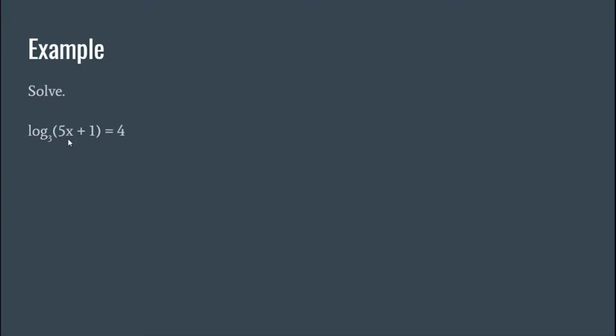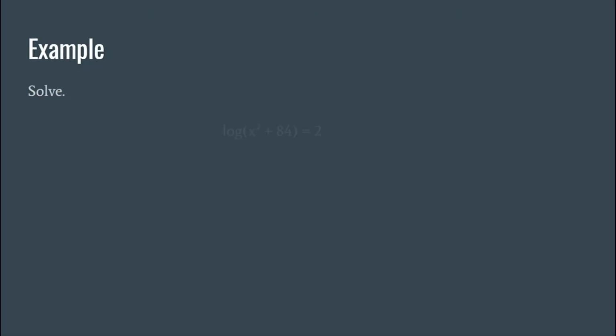So I'm going to go immediately to switching to exponential form. Okay, so remember the base is raised to the exponent that's equal to your answer. Okay, so now I'm going to simplify this. Now it's just like any linear equation, or an equation in one variable. So I'm just going to isolate the variable and solve, and that's it.